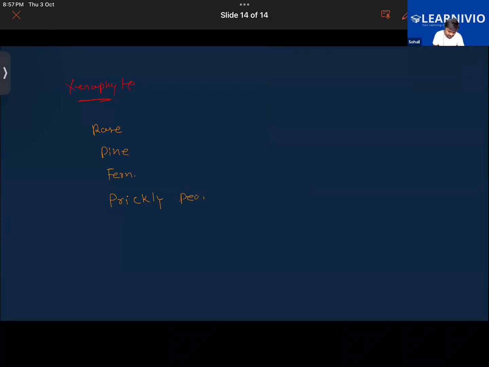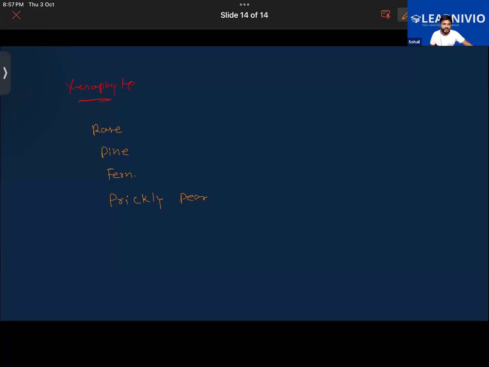First of all, we need to understand what a xerophyte is. Xerophytes are those plants that usually grow in deserts and can survive in extreme sunlight, for example, cactus. They can survive even if there's a very low amount of water available to them.